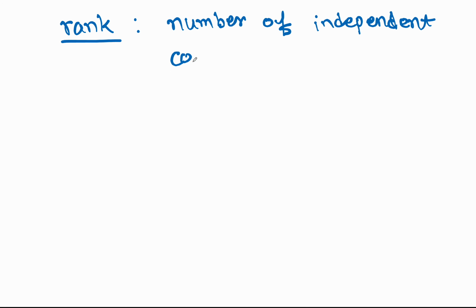So what is rank? Rank gives the number of independent columns or rows.